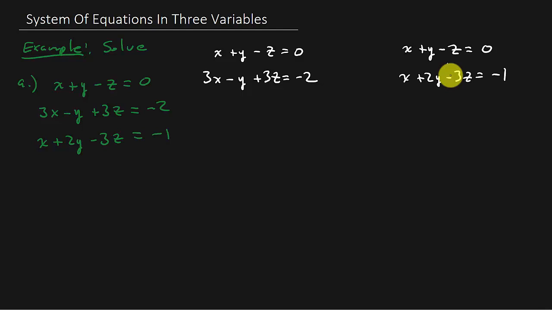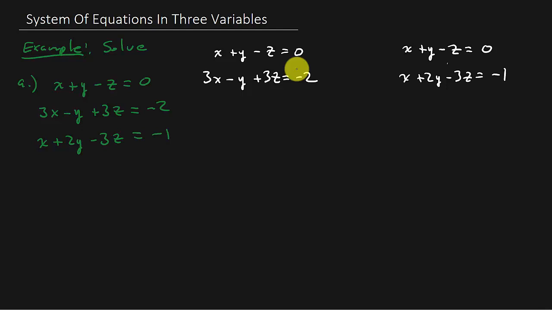You can choose to eliminate any variable, but whatever variable you eliminate, you have to eliminate that same variable in both. You couldn't eliminate x in this one and y in this one. It doesn't matter which variable you choose.